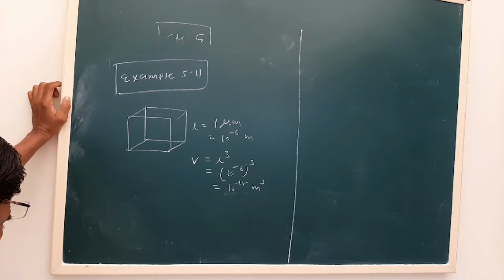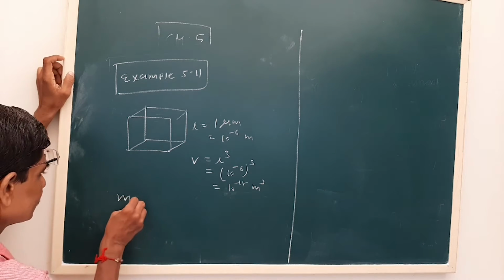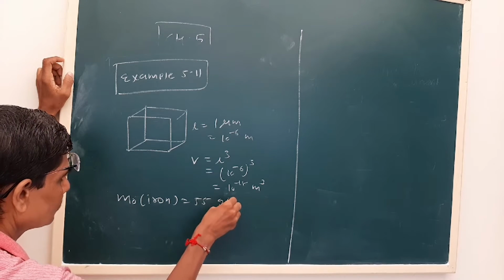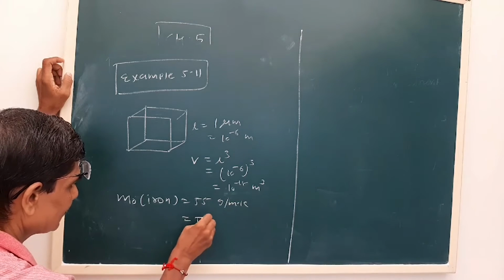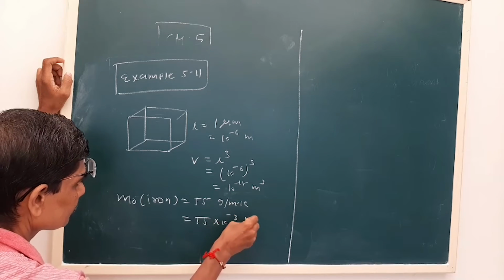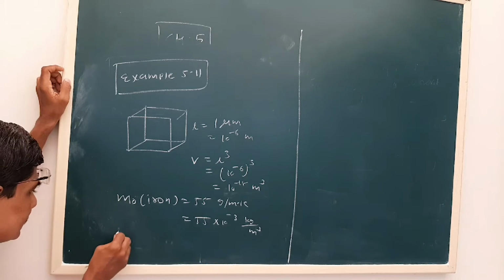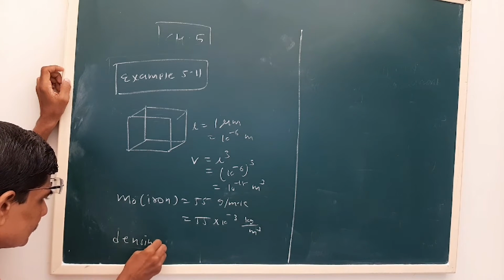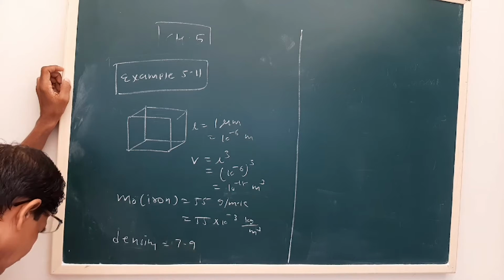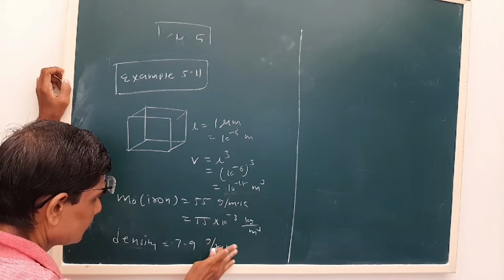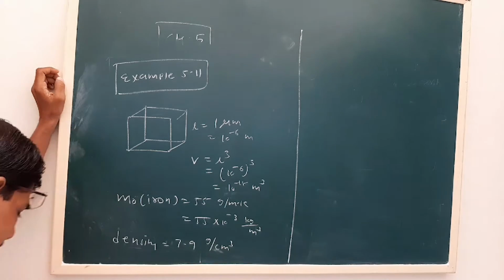Now we have to calculate the number of iron atoms in the domain and the maximum possible dipole moment. The molecular mass of iron is 55 gram per mole. Now in MKS... and the density is in gram per centimeter cube.